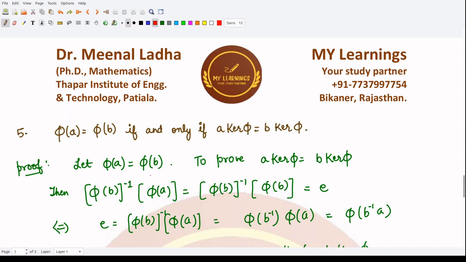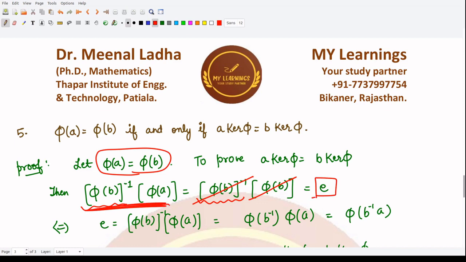Because phi of a we have assumed to be equal to phi of b, what we can do is pre-multiply both sides with phi of b whole inverse. You see this and this both result in identity. So you have the whole of this thing as equal to identity. This is what I have written over here. So what does it mean?